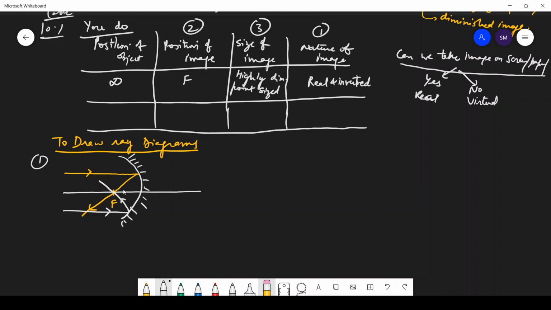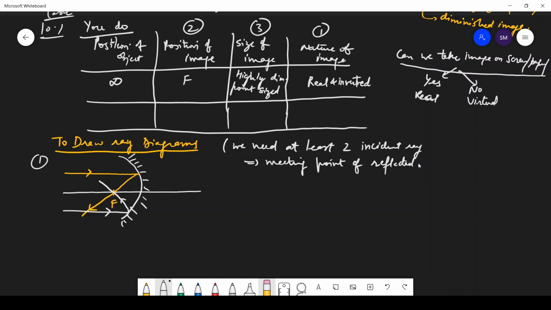So how many rays do you need to form an image? At least two incident rays. So the result is that the meeting point of the reflected rays will tell me the image.